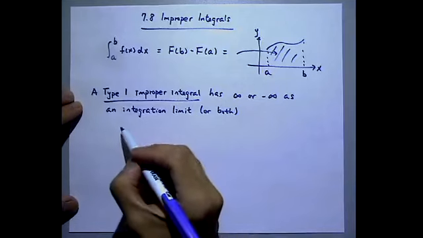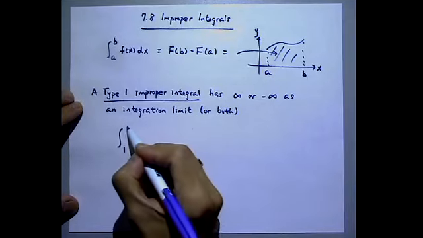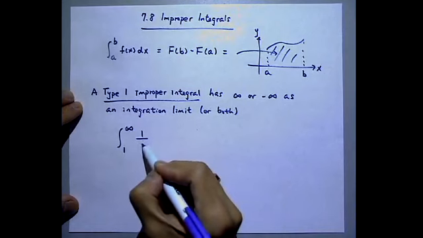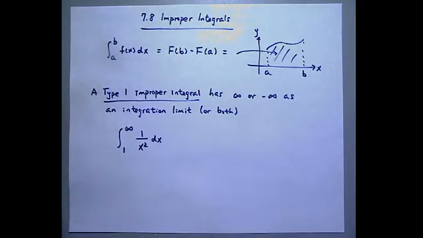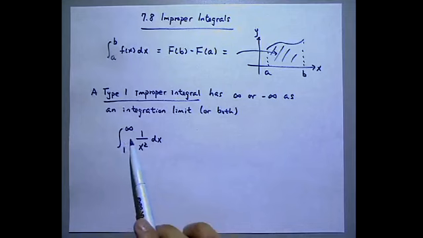So for example, this is a very typical improper integral. The lower limit is fine, it's a 1, nothing wrong with that. The upper limit is an infinity. So that makes this integral an improper integral.